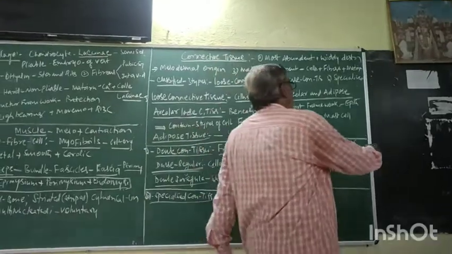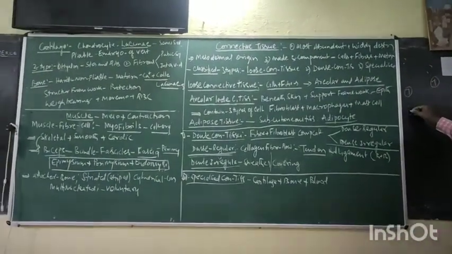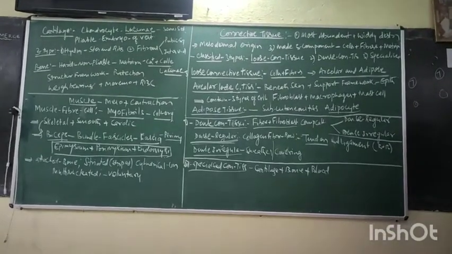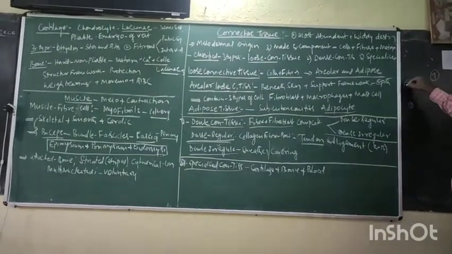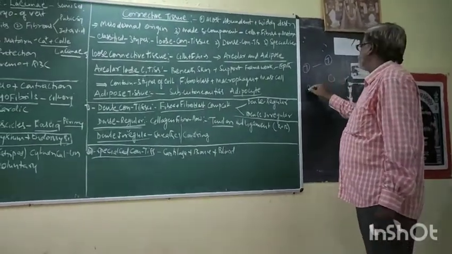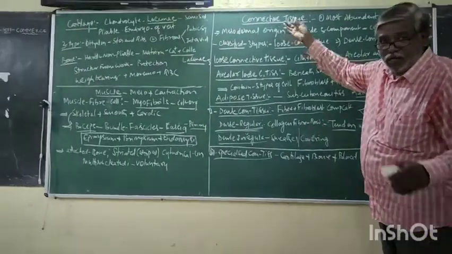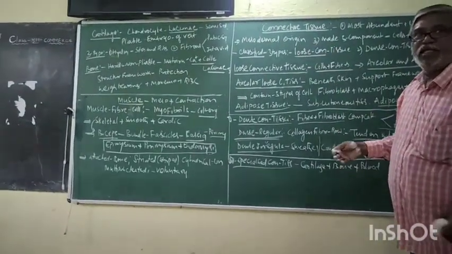Now connective tissue. Suppose it is a tissue and another tissue, or an organ and another organ. A tissue which connects two tissues, or a tissue which connects two organs, is called connective tissue. The name indicates its function.